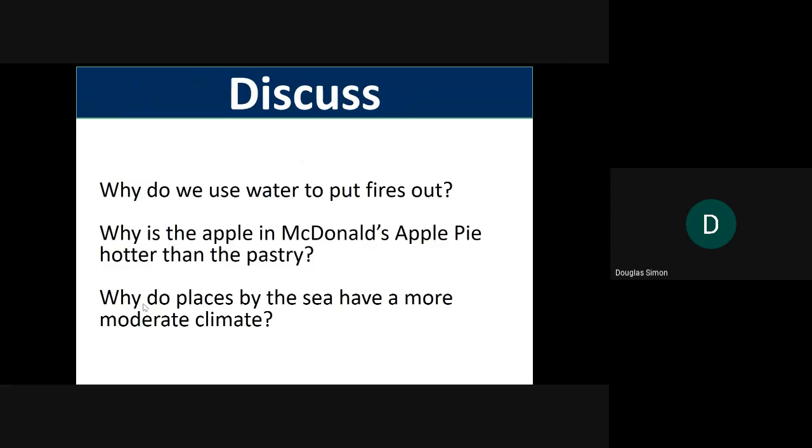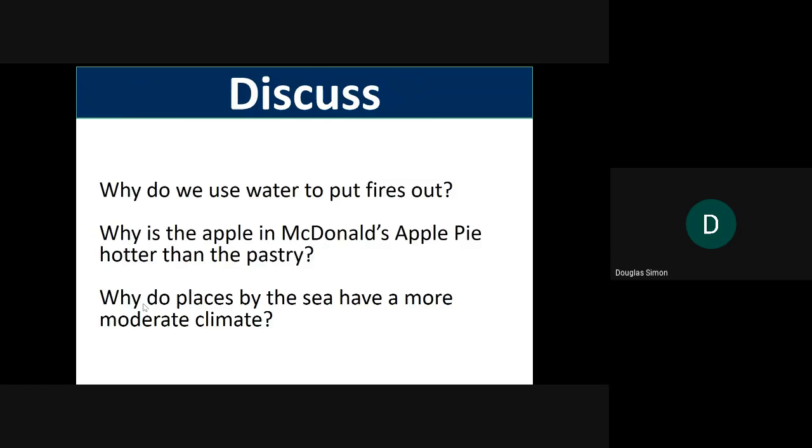Hopefully you should be able to clearly see the link to heat capacity. So water, of course, has a very high heat capacity. So when you put water on a fire, it takes a lot of energy to heat that water up, which means a lot of the energy from the fire is going into heating the water up and not heating up the surrounding objects that are on fire.